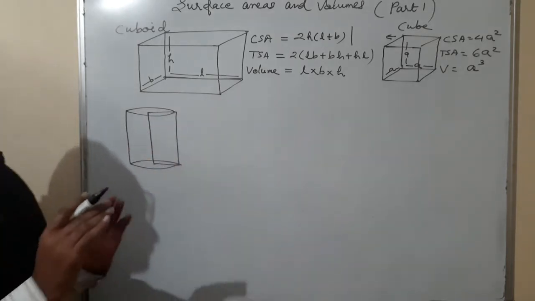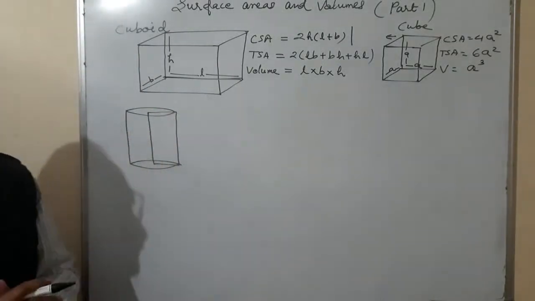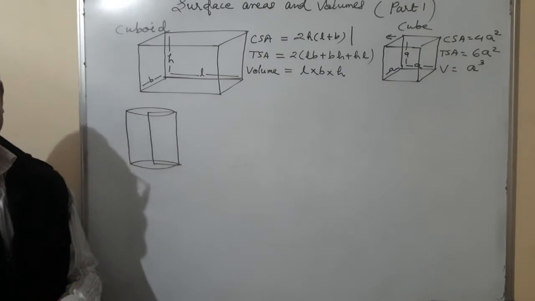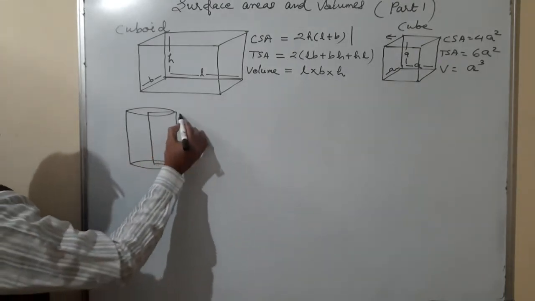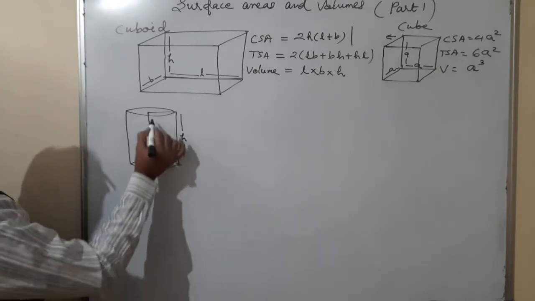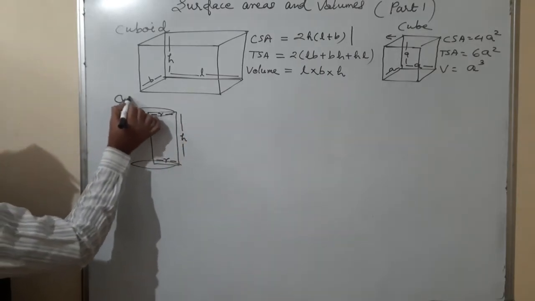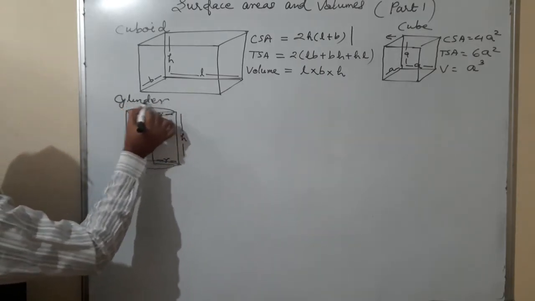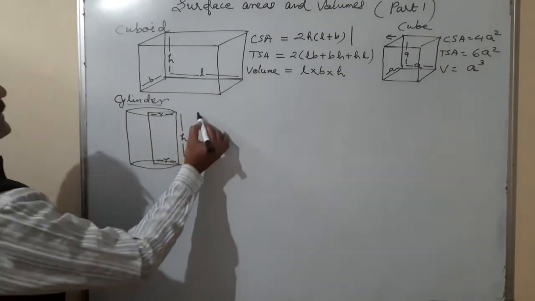You have a rectangular sheet, suppose an A4 size sheet, when you fold it, it becomes a right circular cylinder, and we will find the CSA, TSA and volume of it. This is H, height, and that is the radius of base as well as the radius of top. This is cylinder.